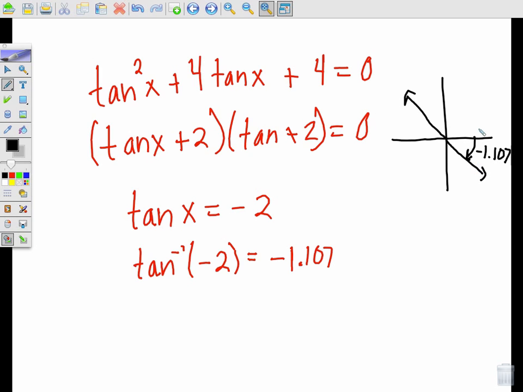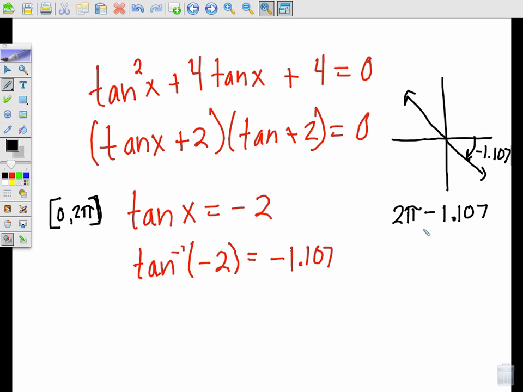Okay, so how do I find it? Well, first I need to figure out what this location is as a positive angle, because I'm supposed to solve these from the interval of 0 to 2 pi. At this point I have a negative radian answer, and I don't want a negative radian answer, I want a positive one.